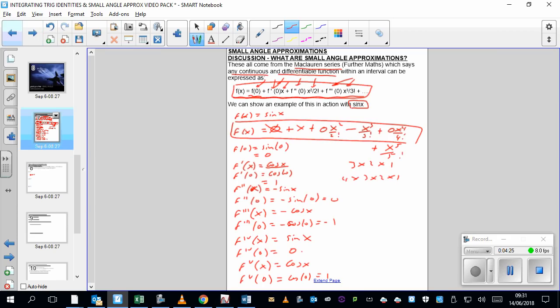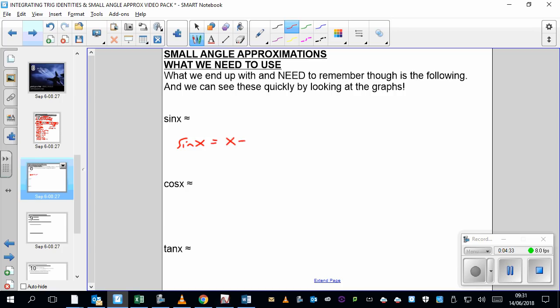So x minus x cubed over 3 factorial plus nothing, x to the 5 over 5 factorial. So x minus x cubed over 3 factorial plus x to the 5 over 5 factorial minus x to the 7 over 7 factorial plus x to the 9 over 9 factorial. And it would just keep going.